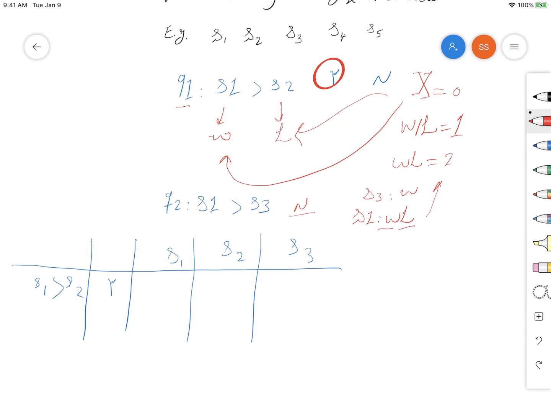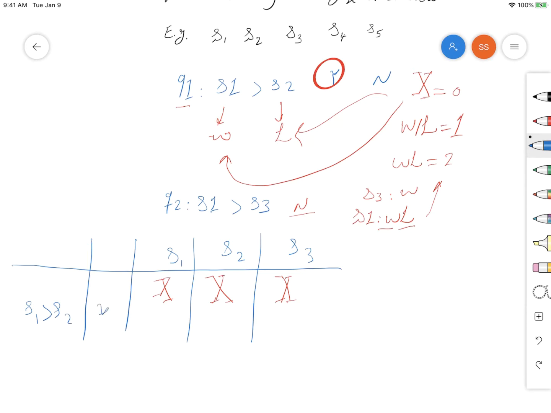And so we can have some initial value at first. At first, all of them were x. And then we had this comparison here: is S1 greater than S2 or not?